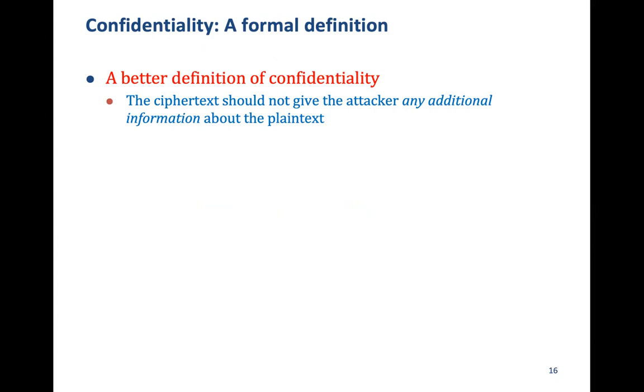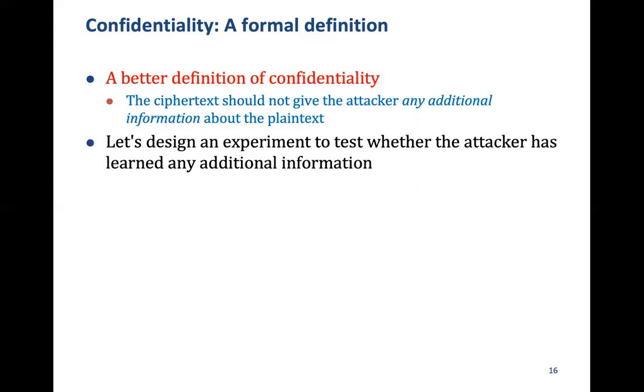So we may say that Alice has sent a message that's encrypted with the algorithm, but it gives some information to Eve, that it ends with 0. Some way to know what the message is all about. So the ciphertext should not give the attacker any additional information about the plaintext.